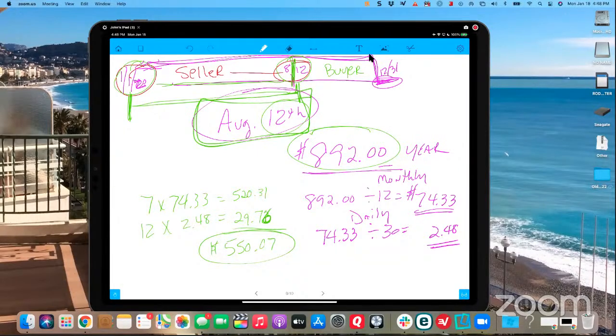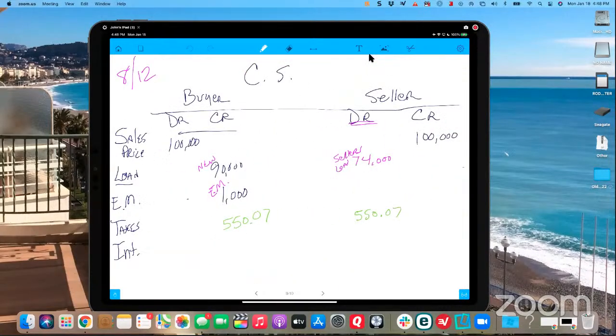So when December 31st rolls around, the buyer's going to have to pay $892. But they need to remember that they actually got a credit on the closing statement. Had they not received this credit, they would have had to bring more money to the closing table.